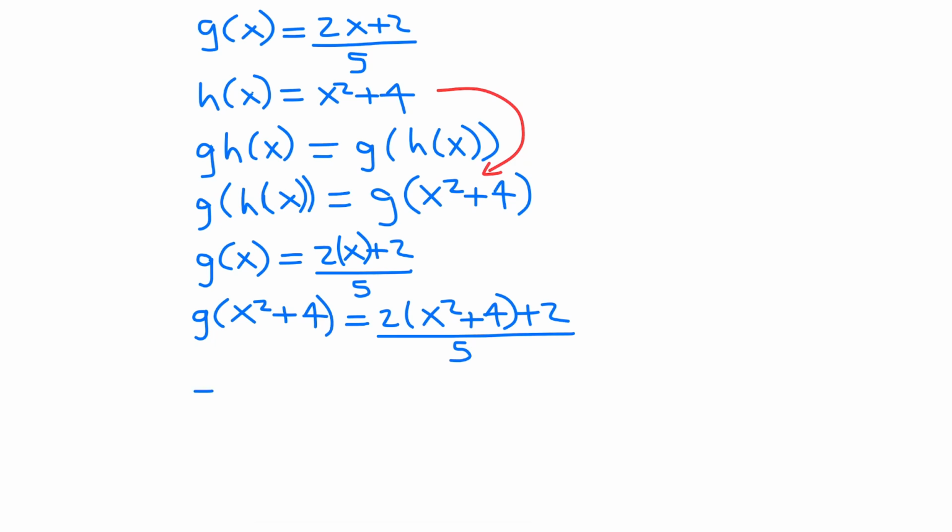So we have this 2 times x squared plus 4, which is going to simplify to 2x squared plus 8. We have this plus 2, and then that is all over 5. And when we simplify this further, we're going to get 2x squared plus 10 over 5.